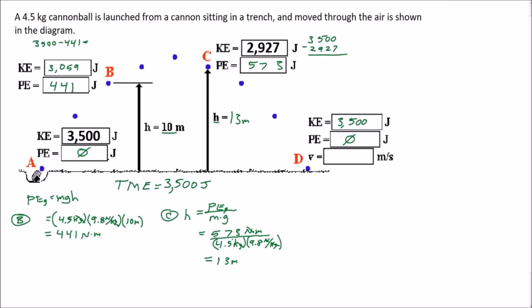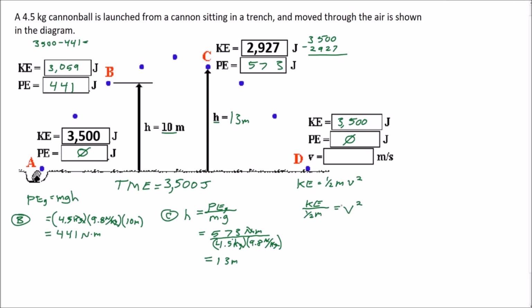And then we have to find velocity. Well, for velocity, we can use the equation where kinetic energy is equal to 1/2 mv squared. There's our velocity right there. I want to get velocity by itself, so I'm going to divide both sides by 1/2 m. So kinetic energy divided by 1/2 m is going to be equal to v squared.